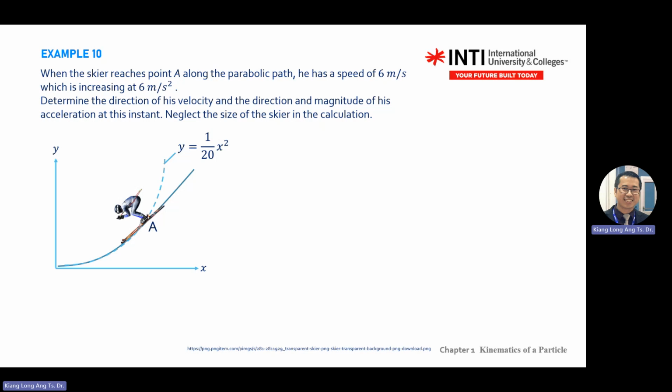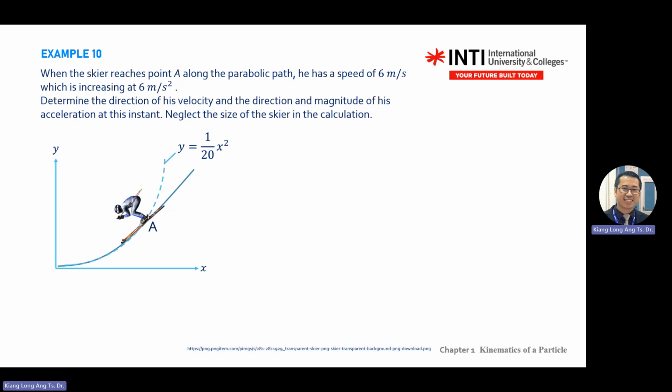He landed on A, had a speed of 6 meters per second, which is increasing at 6 meters per second squared. So you should see this one is acceleration, one is velocity. It asks you to determine the direction of his velocity and the direction and magnitude of his acceleration at this instant.